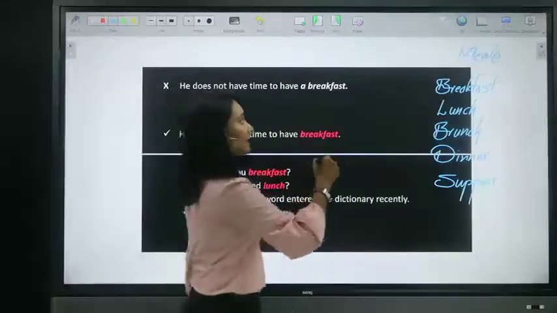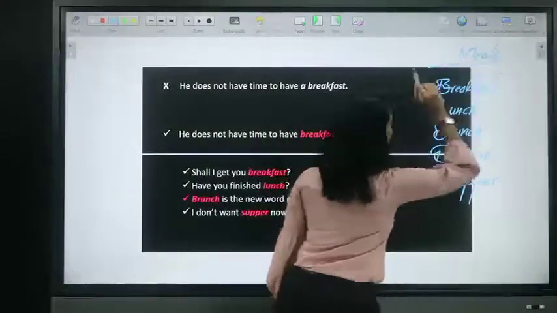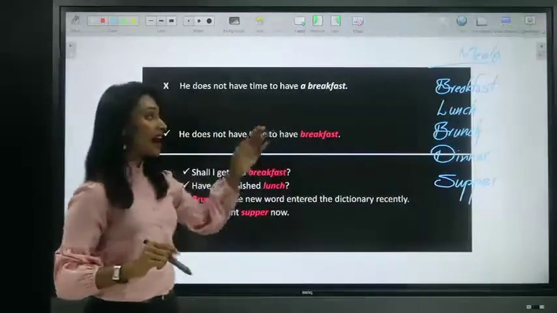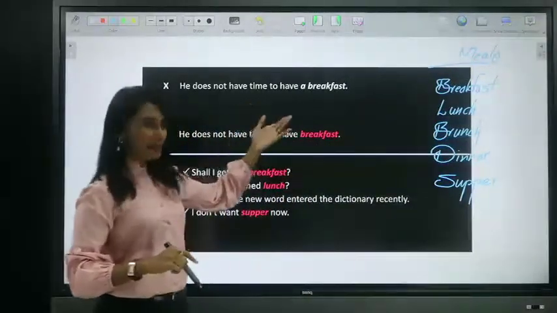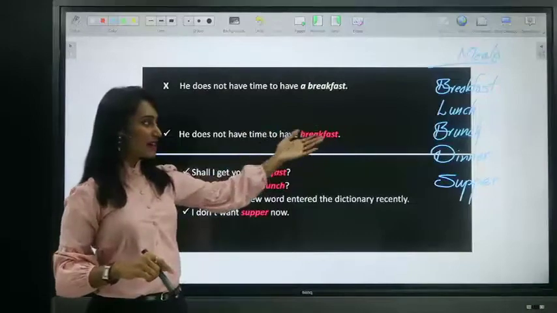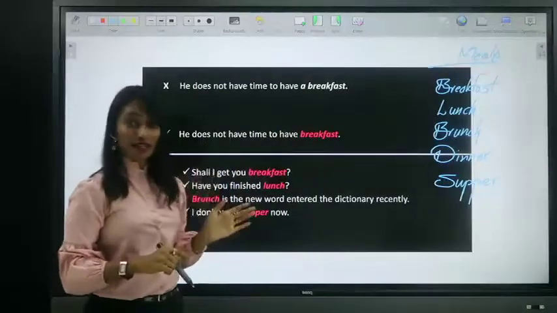Generally, the names of meals should not be preceded by articles. You cannot say a breakfast, a lunch, the brunch, the dinner. We should never use any articles.